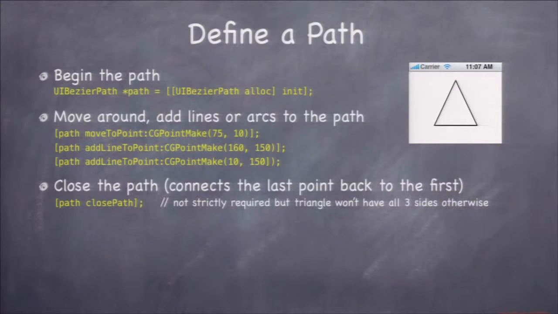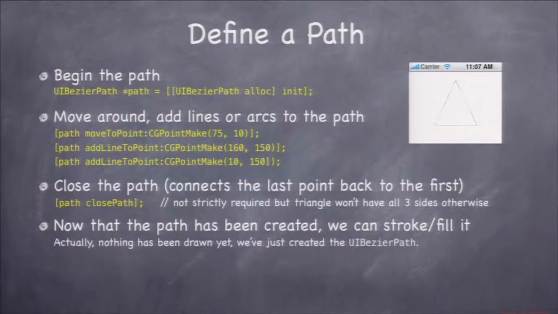Now I'm kind of misleading you, because as I'm making all those calls on UIBezierPath, nothing is actually happening. The screen is blank, because all I'm doing here is building that path up in the UIBezierPath. I haven't actually drawn it yet. When I want to actually draw it, I have to set my fill color and stroke color, and you can do that by sending setFill and setStroke to a UIColor.